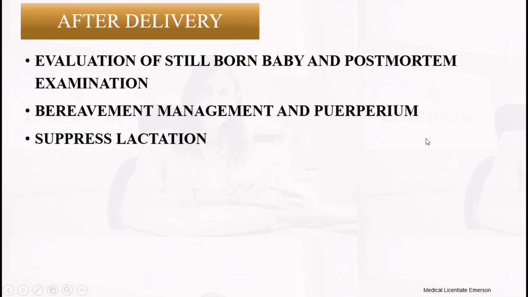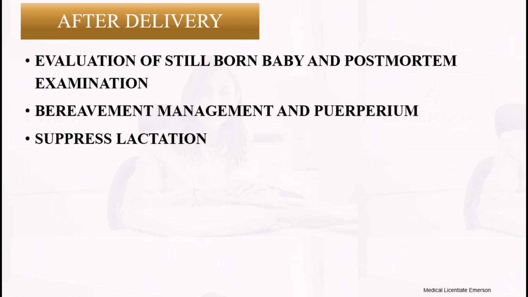Then you also have to suppress lactation. Women should be advised that dopamine agonists successfully suppress lactation in a very high proportion of women and are well tolerated by a very large majority. So what are some of the dopamine agonists? We can have cabergoline, which is superior to bromocriptine.